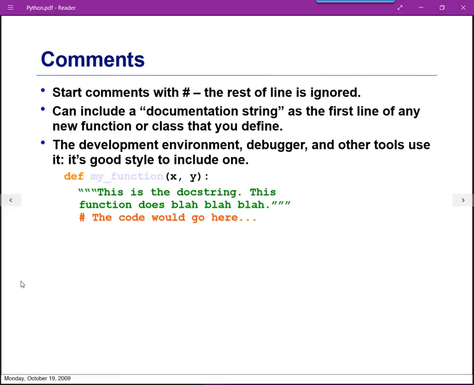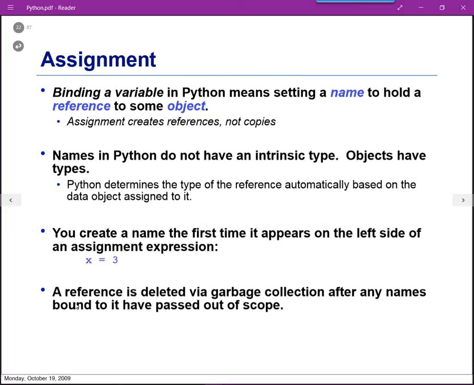The function is all inside an indent. It doesn't have a beginning and end. The assignment is binding a variable. Names do not have a strict type, which means that you don't have to begin a name with any particular letter for it to be an integer or string.